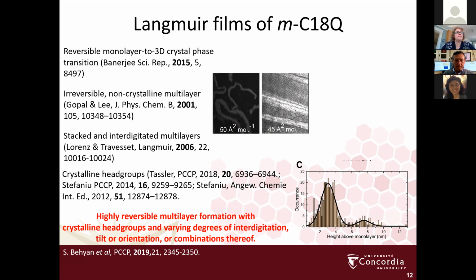But we're reporting here, as far as we know, we hadn't seen other reports of it, a highly reversible multilayer formation where the head groups are crystalline with varying degrees of interdigitation or tilt. And we are unable to resolve that at this time.